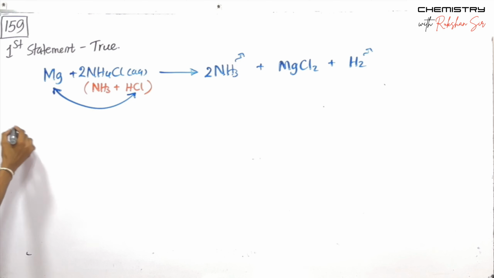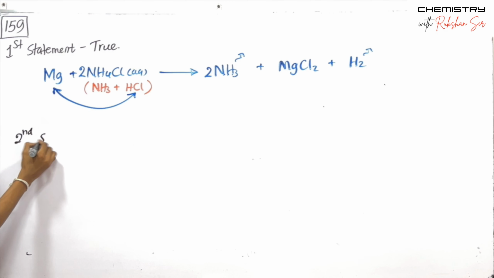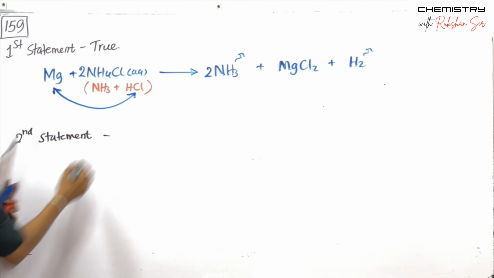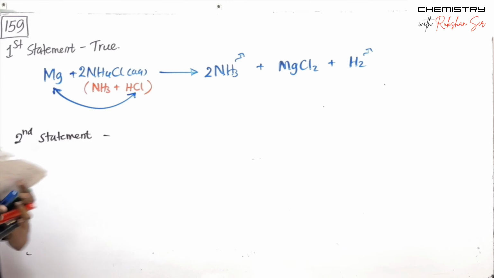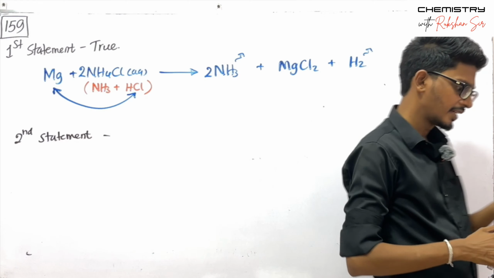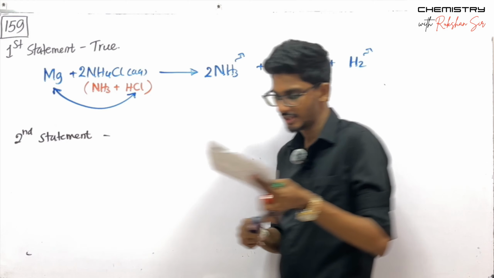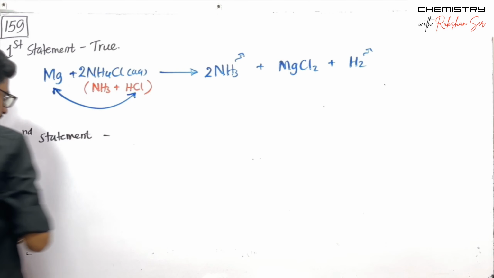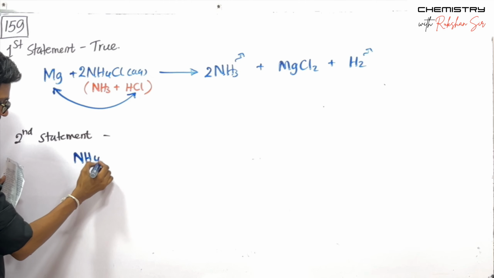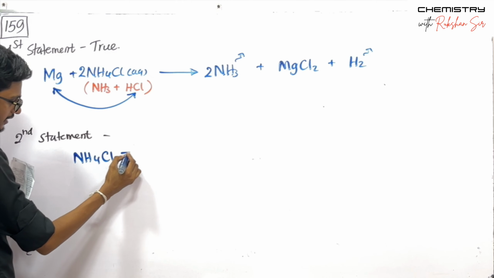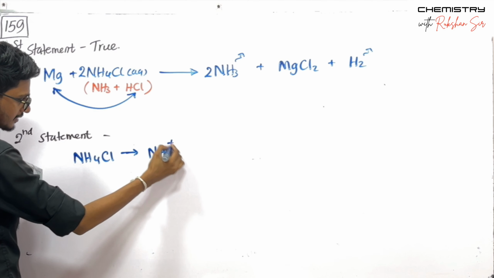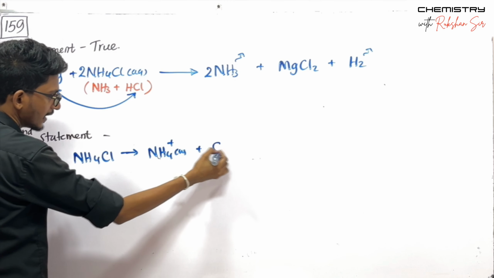Now, let's move to the second statement. See, hydrolysis of ammonium chloride produces H3O+ ions into the medium. Right. So ammonium chloride contains NH4+ ions and Cl- ions, right?